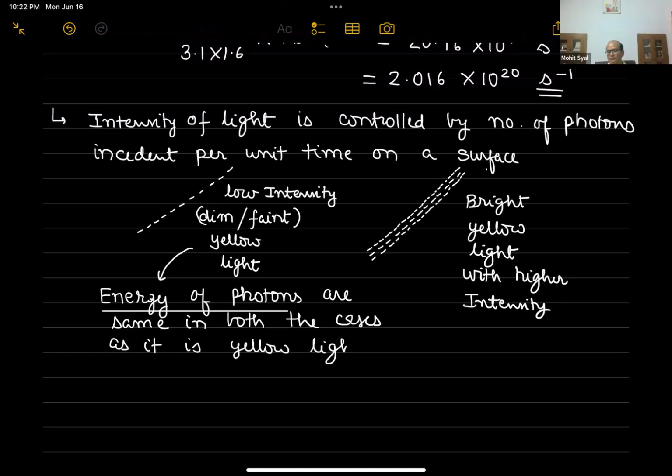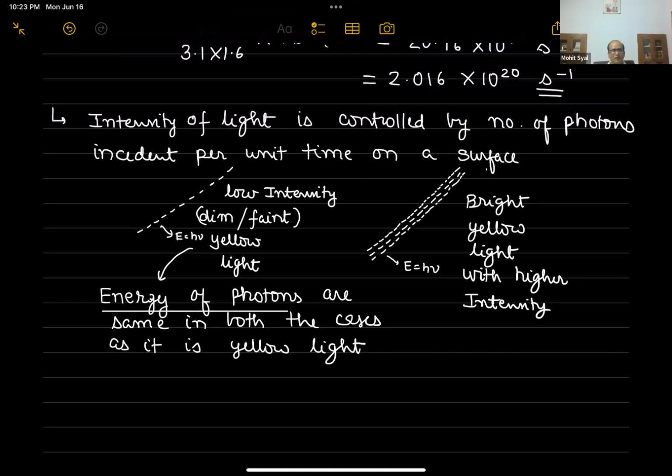The photon energy is equal to h nu. The energy of a photon is the same, but the bright light appears bright because it is carrying more photons. That is higher intensity.